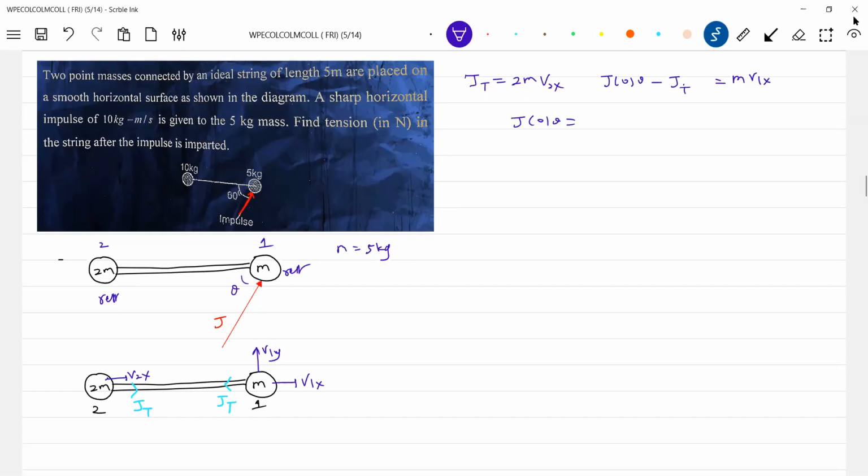J cos theta. Is v2x equal to v1x? Yes, it must be, because they're connected by a common string.